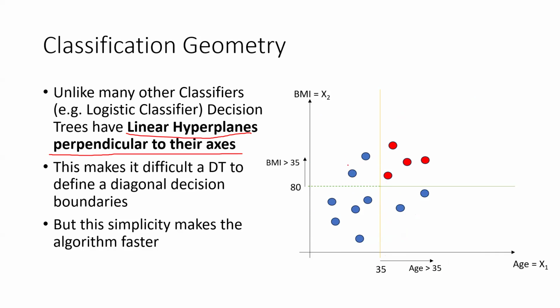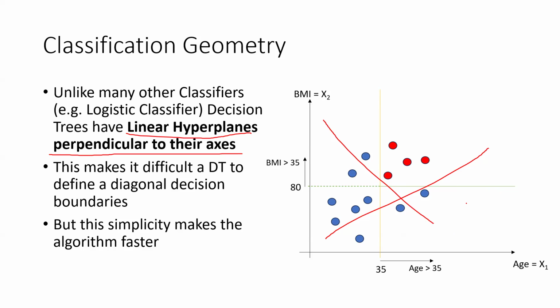Like with linear regression, or even with classification, you have decision boundaries like this, or this. But when it comes to decision trees, you have only linear decision boundaries, and they should be parallel to the axis: x-axis, x1 axis, x2 axis, and so on.